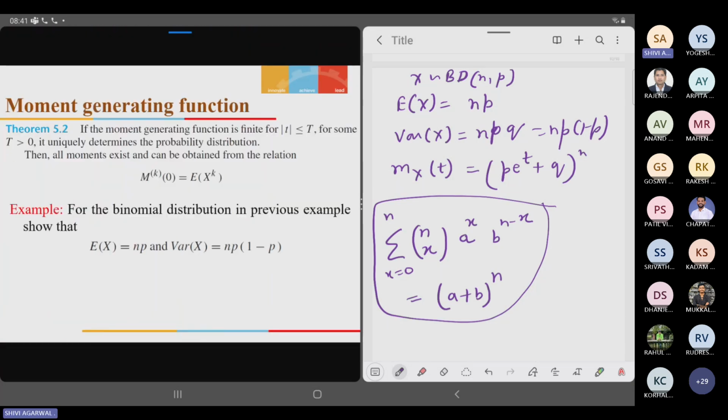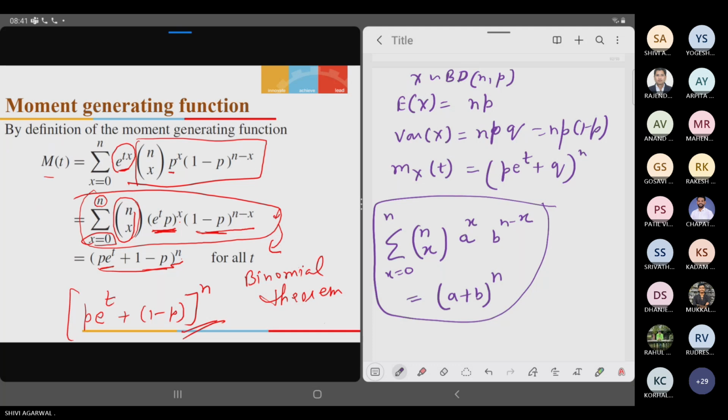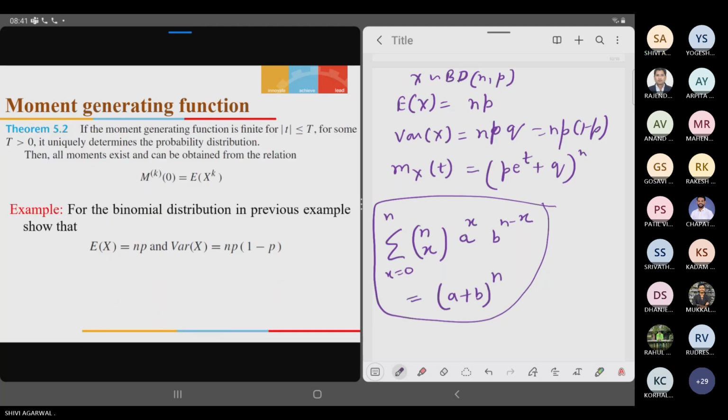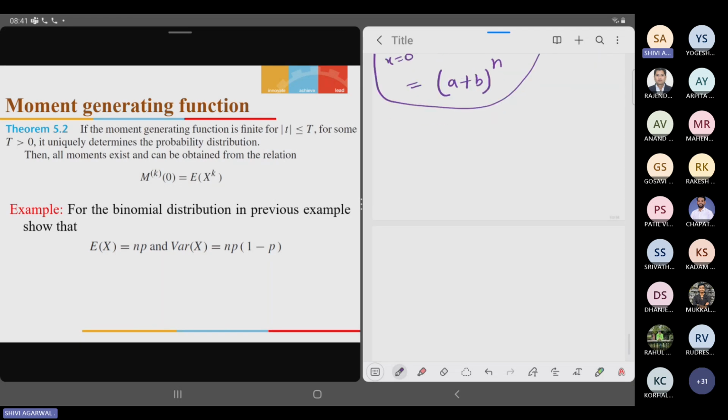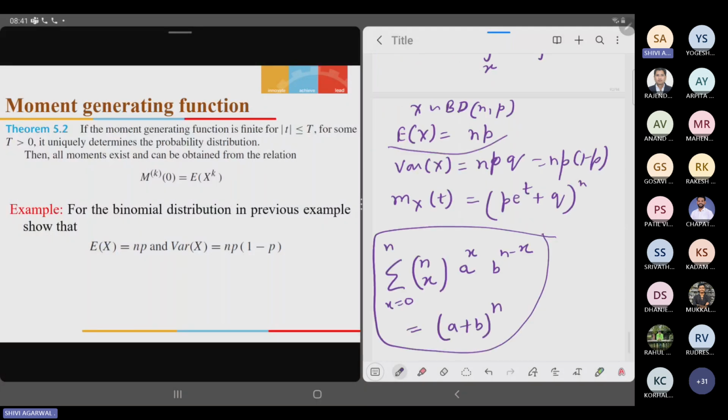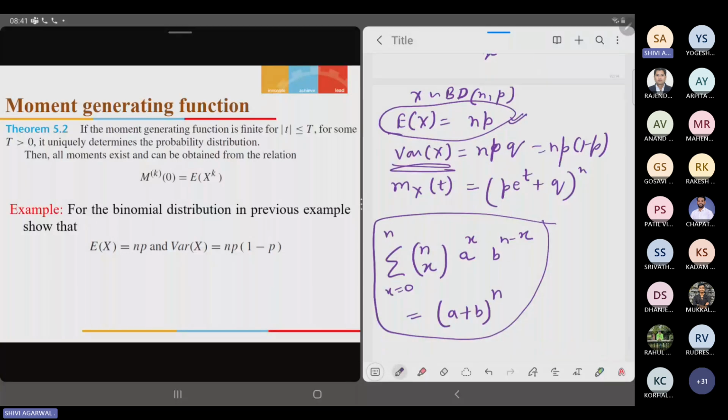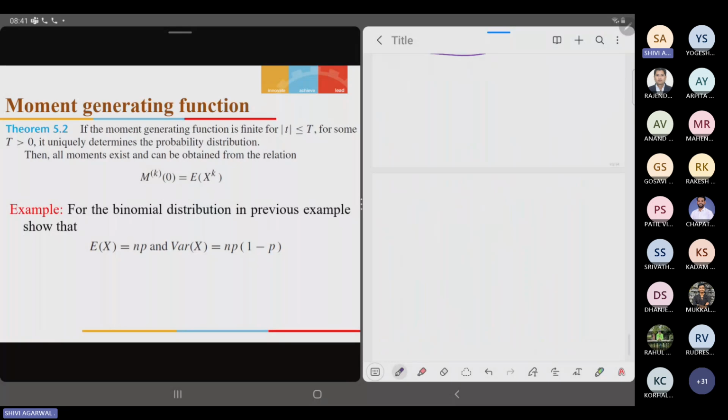Second is why we are calling it the moment generating function: because it generates different moments. First moment, you know very well, is the first moment, and this is the second moment about the mean. This is the first moment about the origin. So the moment generating function, M_X(t), generates the moments about the origin.